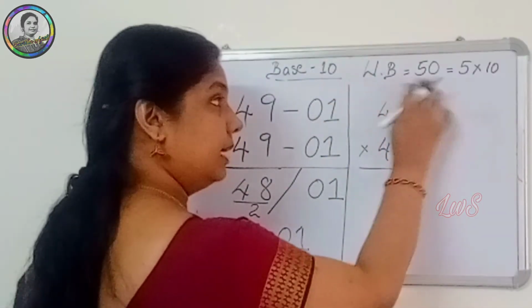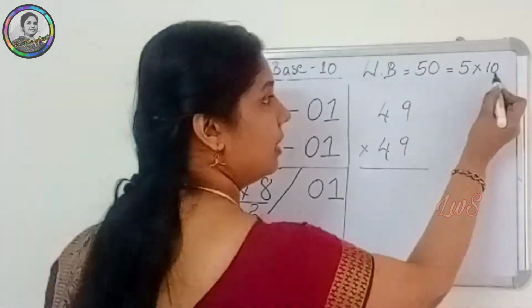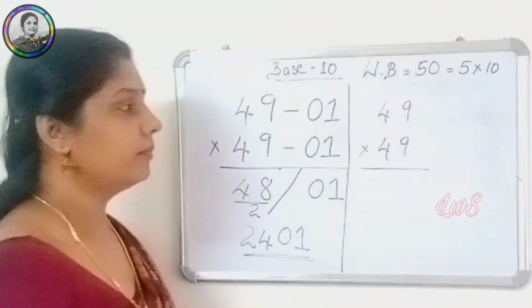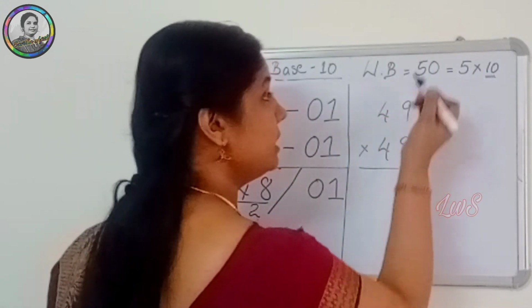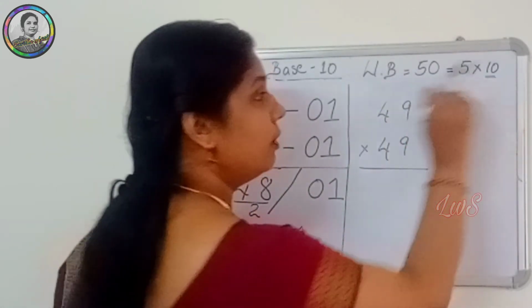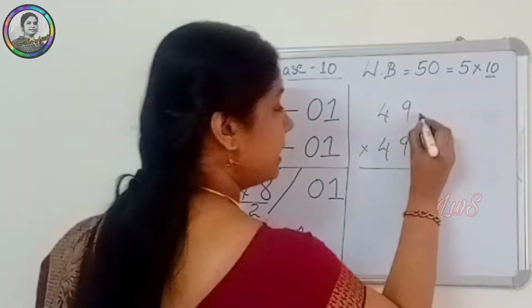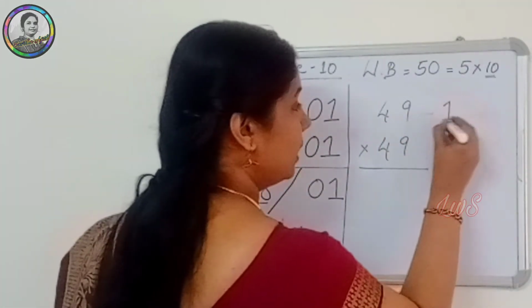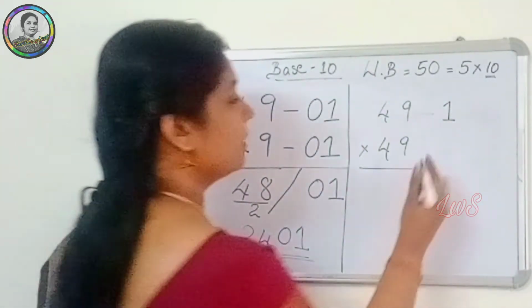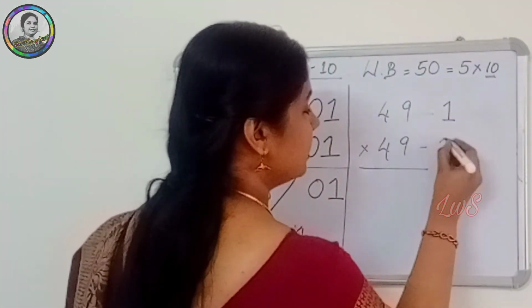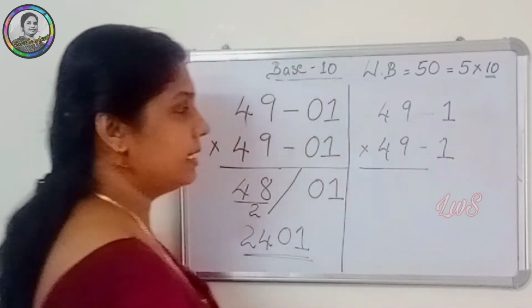And this 50 can be written as 5 times our base 10. Now, as in the earlier case, 49 is 50 minus 1, but our base is 10, so the right hand side has only 1 digit place. Okay? Now, 49 here also minus 1.